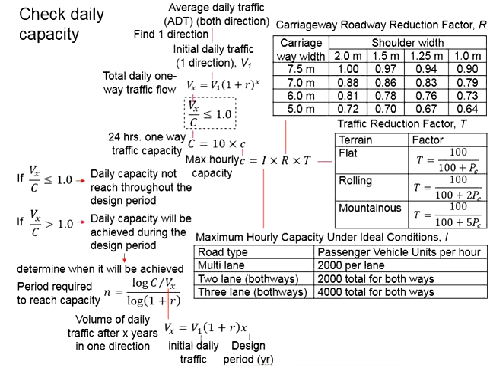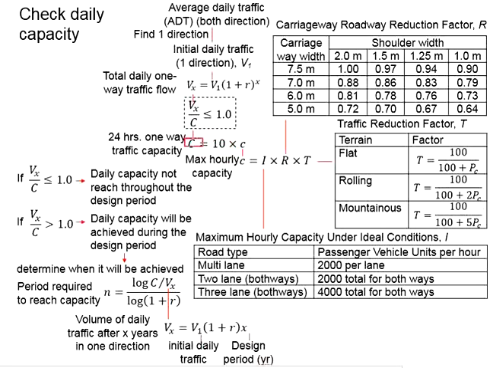Also, there is a reduction factor due to the terrain, and this is governed by the percentage of commercial vehicles. After determining the maximum hourly capacity, you know that this maximum hourly capacity represents 10% of the 24-hour daily capacity. Your next step here is to determine the full capacity for a total of 24 hours in one way. Therefore, the C here will need to be multiplied by 10.